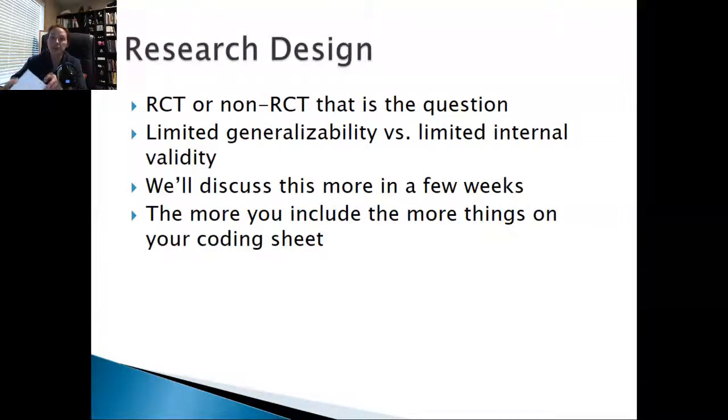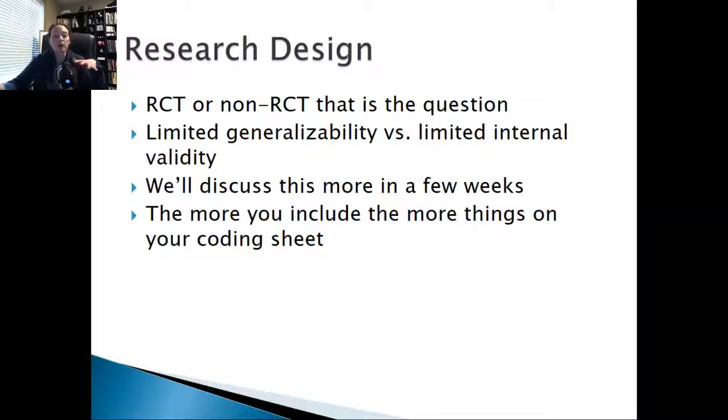All right. So for research design, here we're looking at RCTs versus non-RCTs. And the question here is whether you want to look at generalizability or internal validity. So randomized controlled trials actually have excellent internal validity.